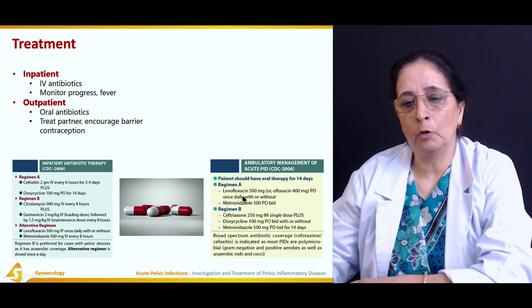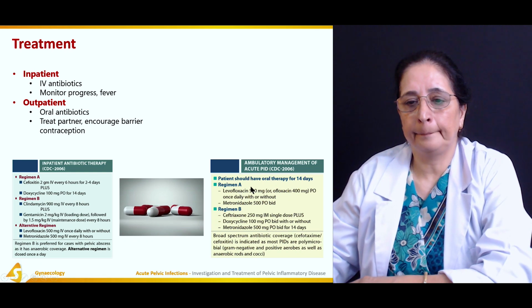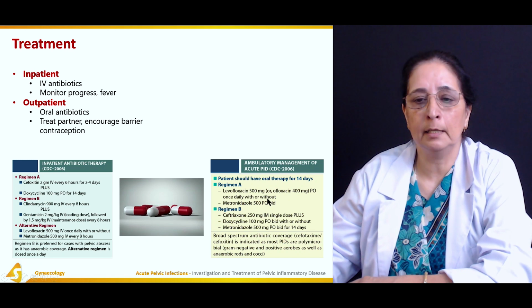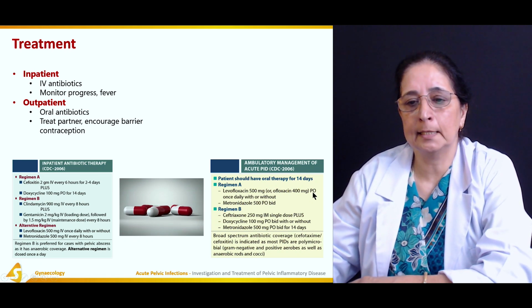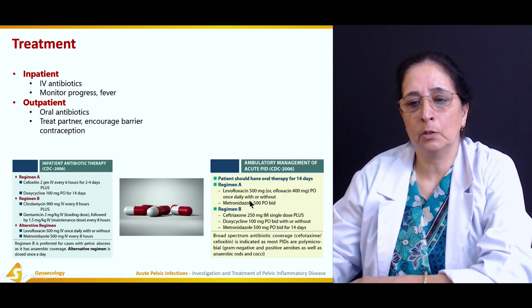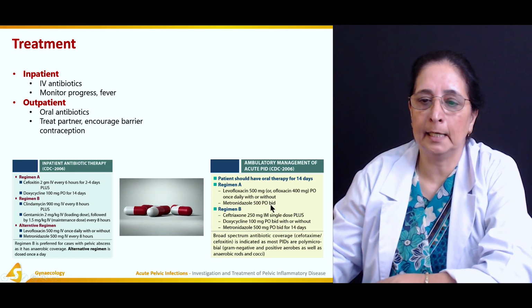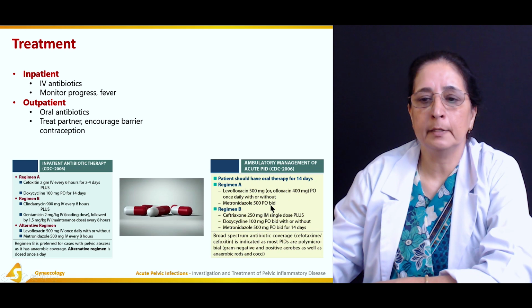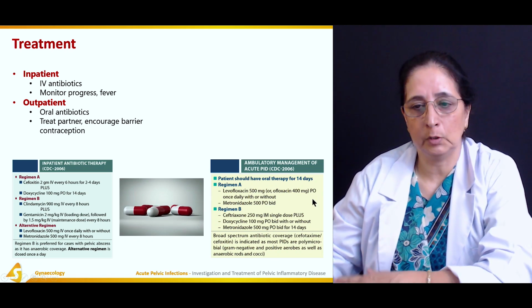Ambulatory or outpatients are usually treated again with two regimes. Regime A will be levofloxacin 500 milligrams orally once a day, along with metronidazole 500 milligrams orally 2 times a day. BID is 2 times a day. PO is per oral, by mouth.